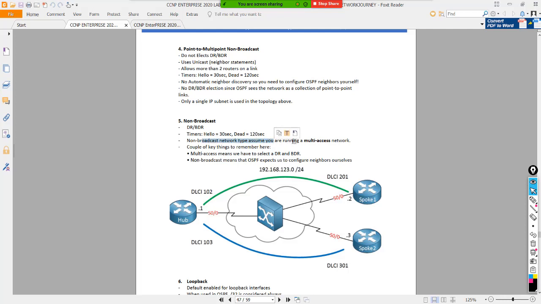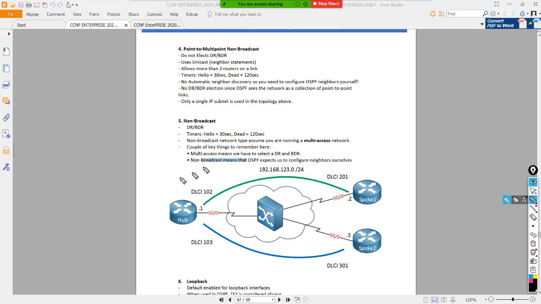Non-broadcast network type assumes you are running a multi-access, in the sense there is a switch in between the three routers. Some key points about non-broadcast: multi-access will select DR and BDR. Non-broadcast means that OSPF expects us to configure neighbors ourselves.